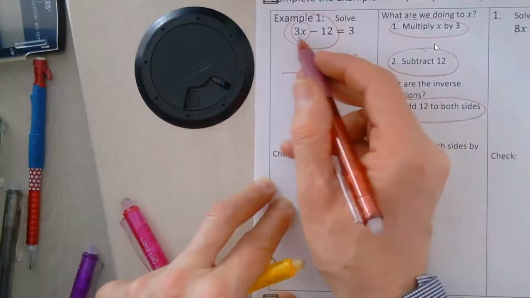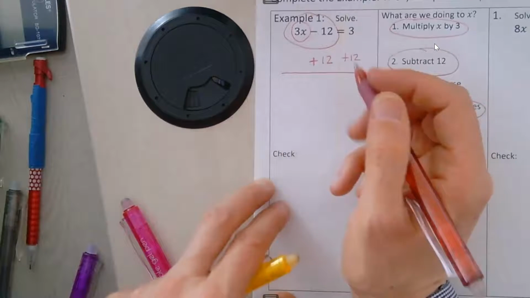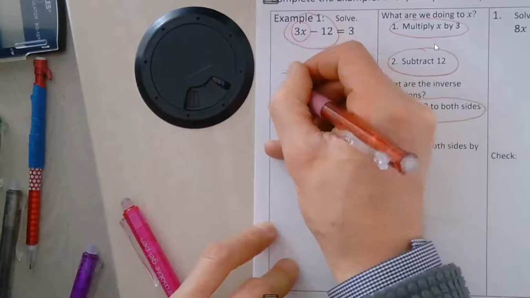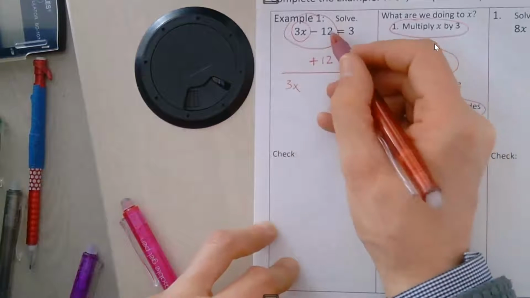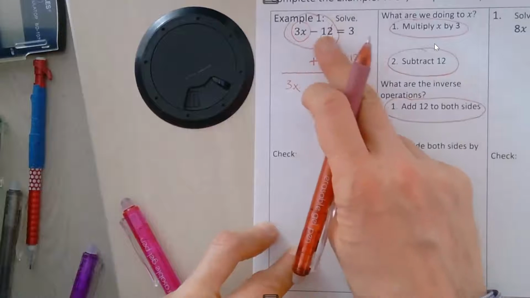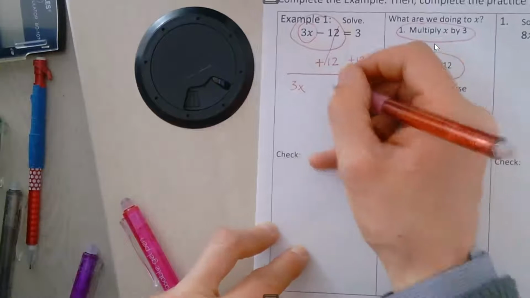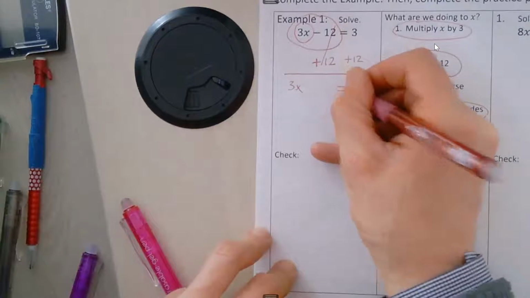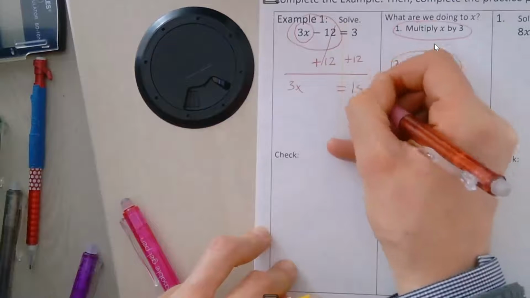We didn't do anything to 3x, so keep 3x. Negative 12 plus 12 cancels out. That's why we did it, to move this to the other side. And then 3 plus 12 is 15.